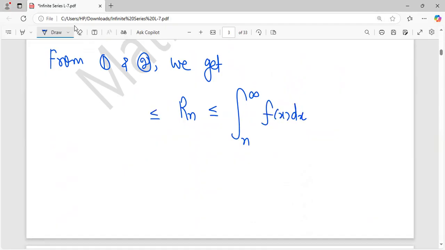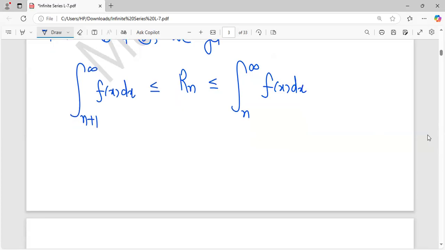By equation 1 we have this one. Now, what is R_n? We have this one, integral from n plus 1 to infinity f(x) dx. Put the value of R_n. This is S minus S_n.